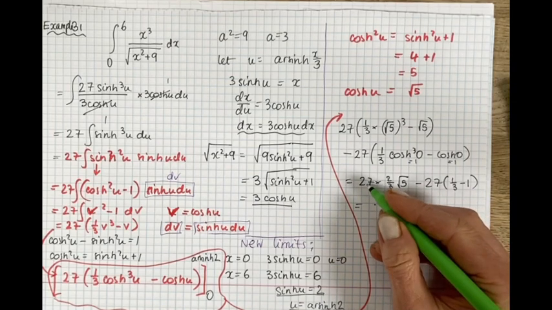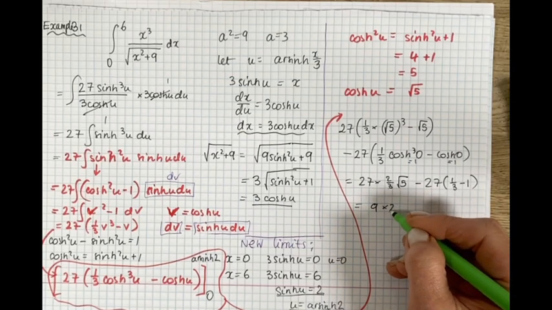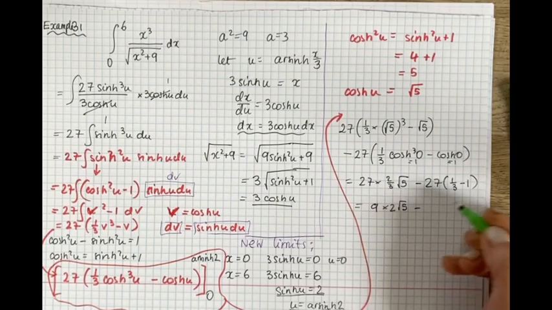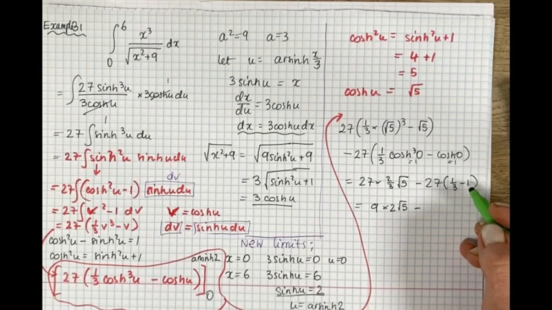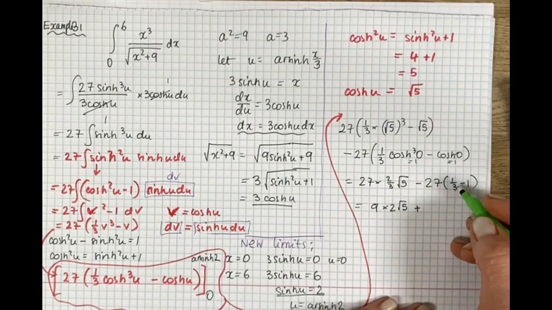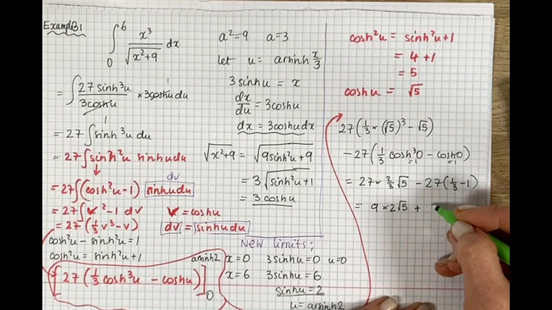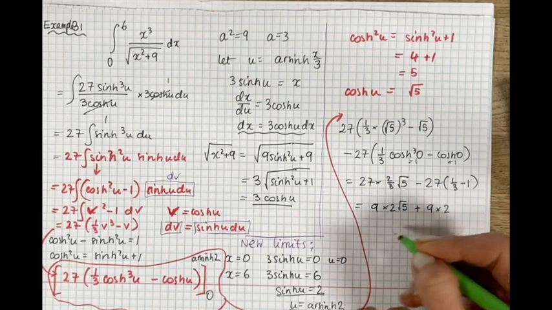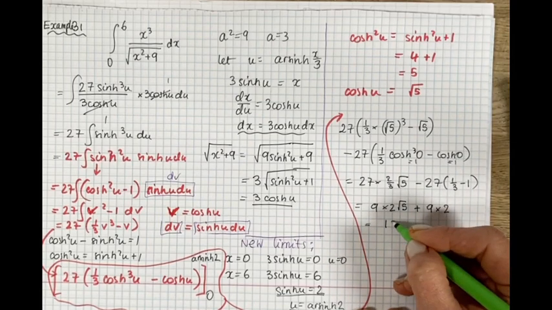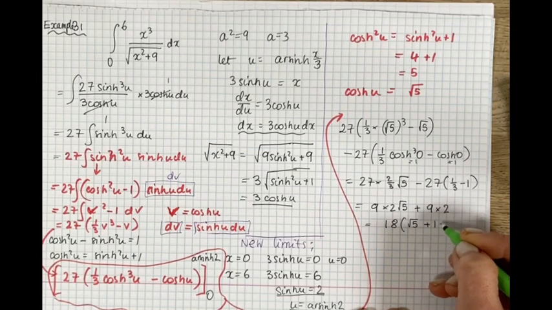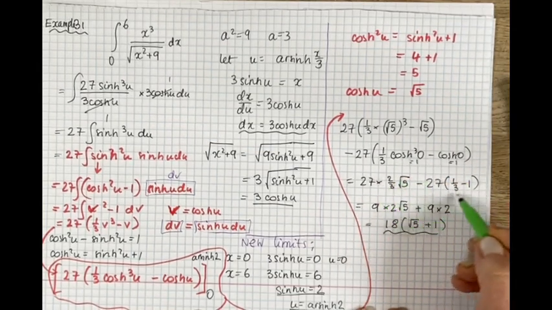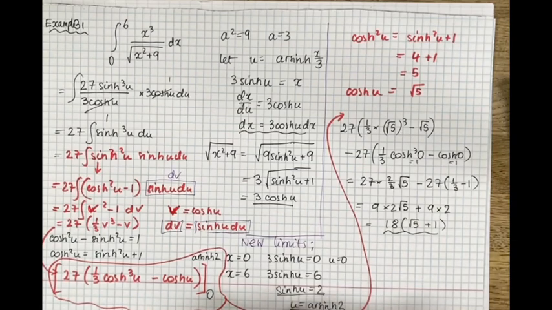This is going to be 9 times 2 root 5 minus, this is going to be 1/3 minus 3/3, so minus 2/3, so plus 2/3. So it's going to be 9 times 2. We can maybe factorize 18. Root 5 plus 1. But by all means, pop this into the calculator and hopefully you'll get a nice exact answer.